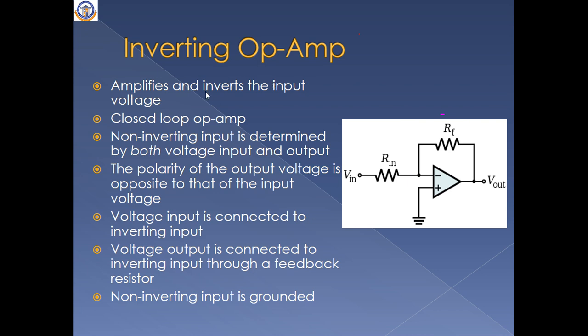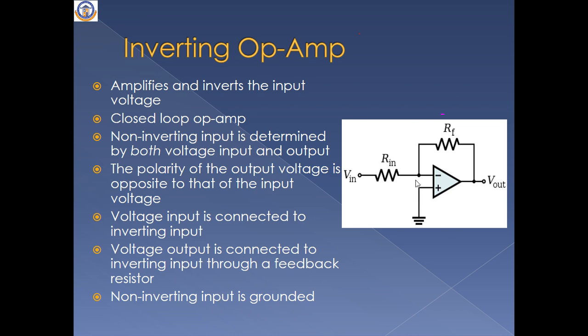The inverting Opamp amplifies and inverts the input voltage. The polarity of the output voltage is opposite, as we have seen, to that of the input voltage. Voltage input is connected to the inverting input, and the feedback resistor is also connected to the inverting input, and the non-inverting input is grounded.